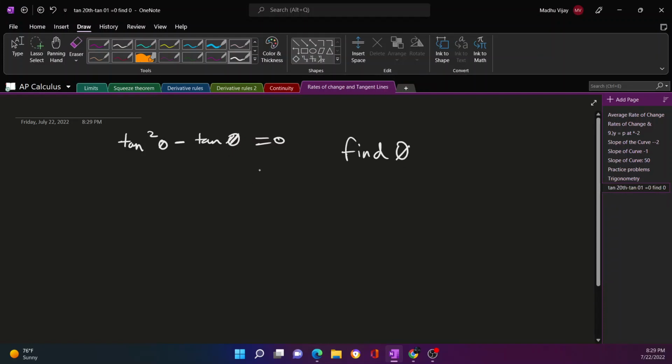The easiest way I could think of doing this is, I'll show you two ways. You could think of tan theta as just equal to x. So this tan squared theta is basically just saying tan theta times tan theta. So that would just be x times x, since we made tan theta equal x.